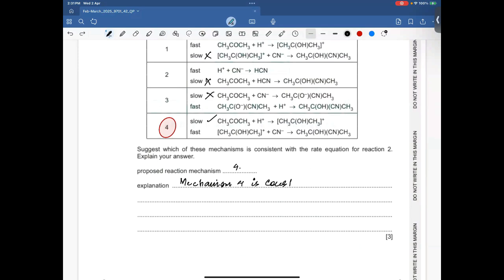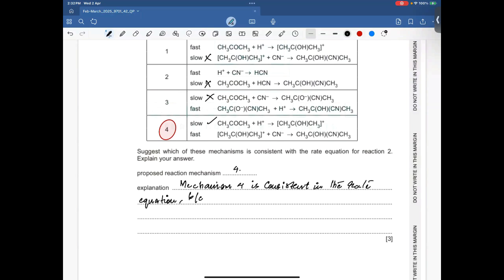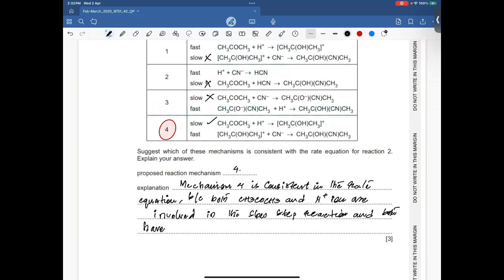Consistent, all right, because both propanone and hydrogen ion are involved in the slow step reaction, and both have first order.